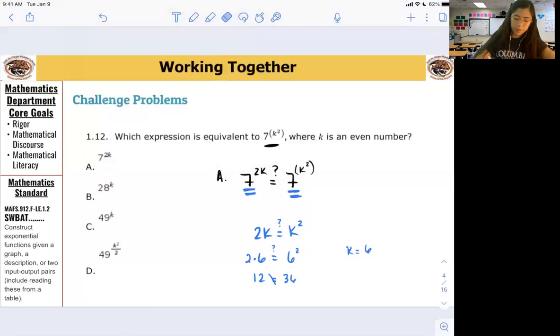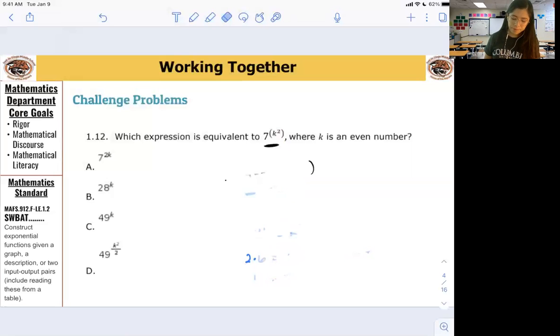I'll keep this here. For that reason, the first answer choice is incorrect, because the two sides of that equation simply do not mean the same thing. Questions on A? Okay. So it's not A.